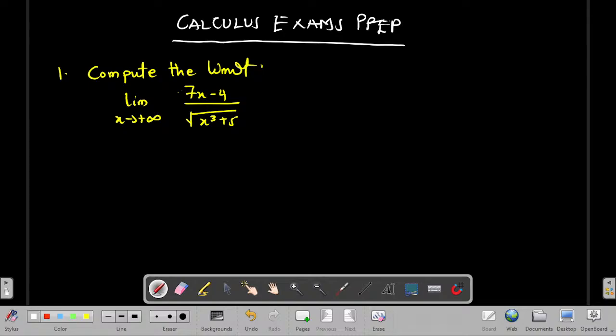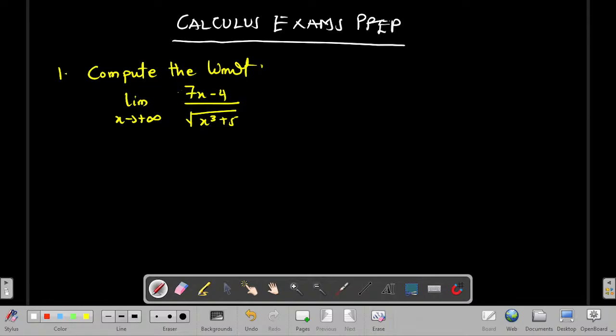In our situation, x approaches positive infinity. So let's see how we can solve this problem. But before then, maybe you can try it on your own, as I said, and see if there's something close to the answer, or better still, the answer itself.